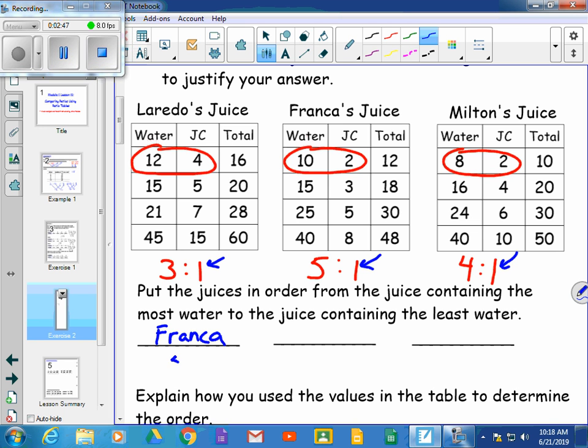She had a ratio of 5 to 1. Milton was next. His ratio was 4 to 1. And then, of course, Laredo was last. His ratio was 3 to 1.